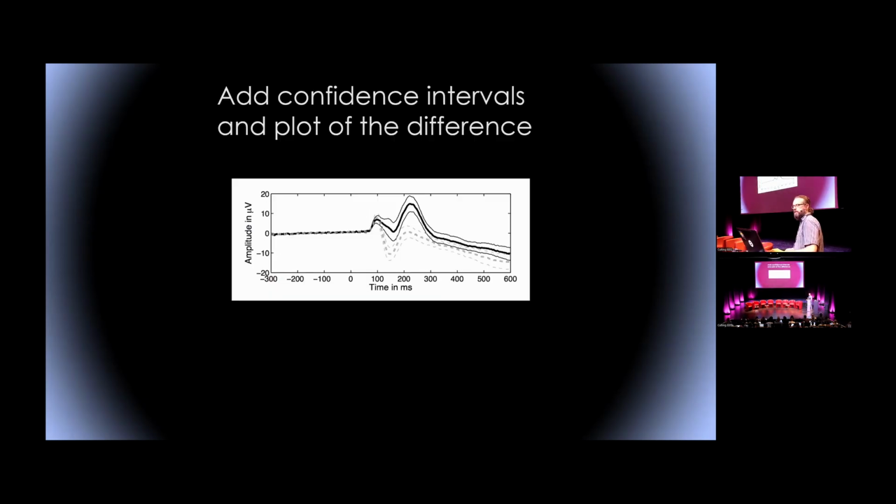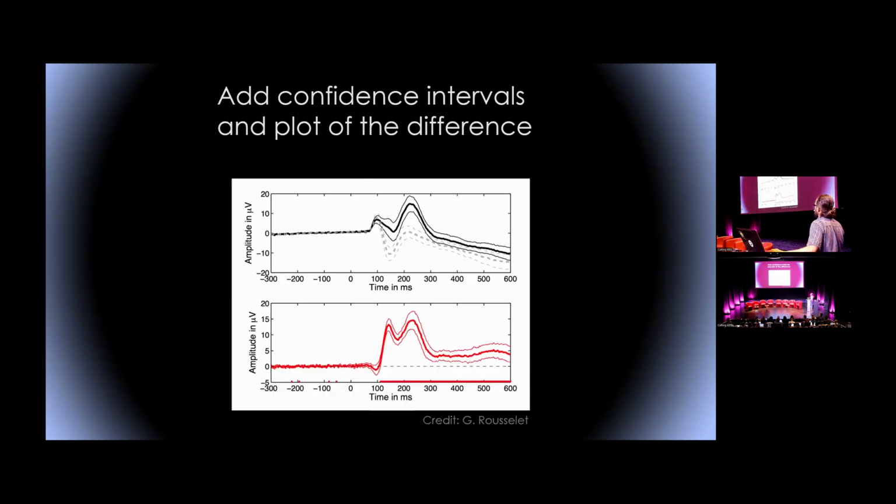So how can you make it better? Well, first we can add the 95% confidence interval. That gives us an idea of how different the conditions are. Then we can also subtract the 2 conditions and plot the 95% confidence interval of the difference. And here we have the region for which it is significant.